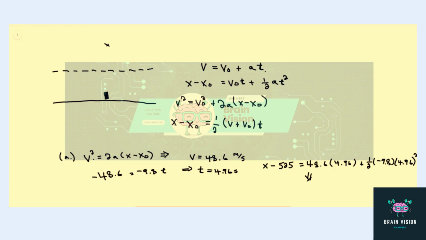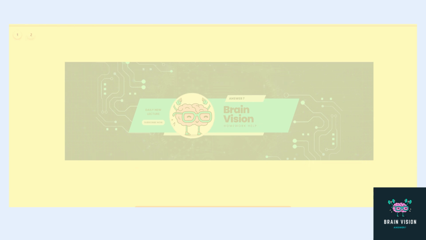Solving this for x, we get that x is equal to 120.51 meters. That is the distance between the maximum height and when the engines brake, so it's not the maximum height. To get the maximum height, we have to take this value and add it to the 525. And so we get 645.51 for the maximum height. And that's the answer to part A.